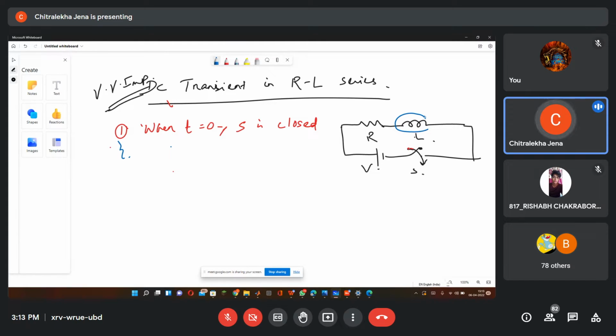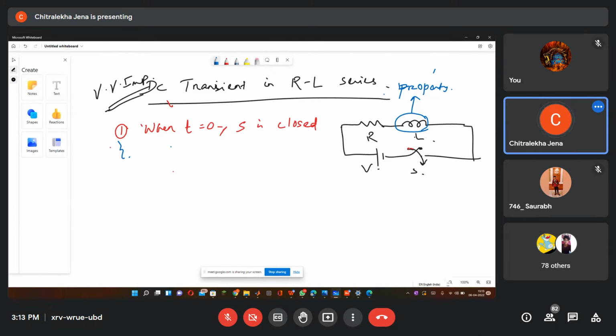What is that property? That property is called what? Inductance.